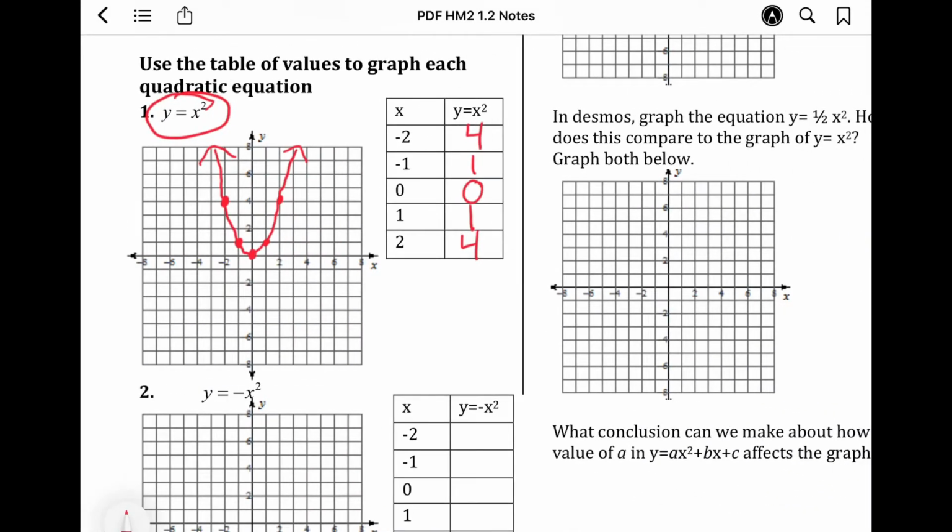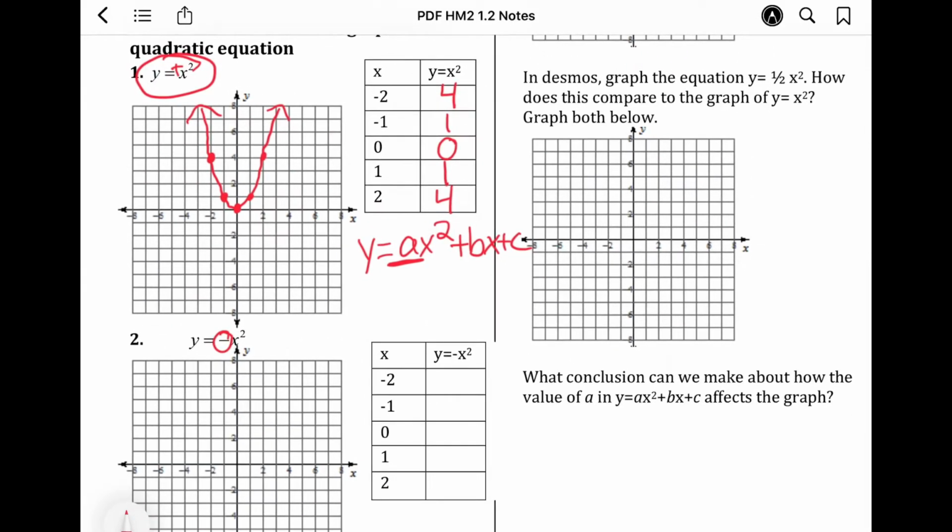Now, what if our a, and when I say a, I'm talking about our standard form, y equals ax squared plus bx plus c, where our a is now negative, versus our number 1, or our parent function, was positive. What is it going to look like? How is it going to change our parent function?